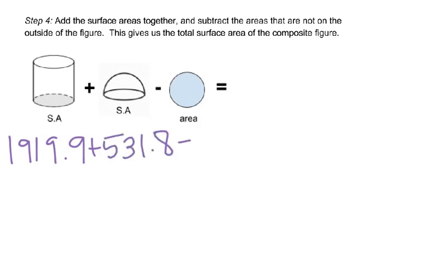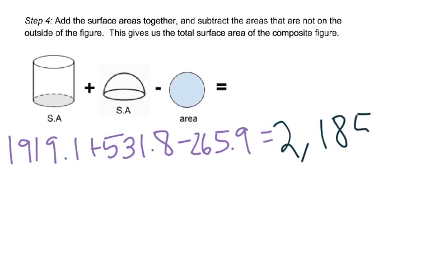Then we're going to take away the area of that circle, which was 265.9, for a grand total of, I'm so sorry, this is 0.1 right there. And we end up getting 2,185 inches squared.